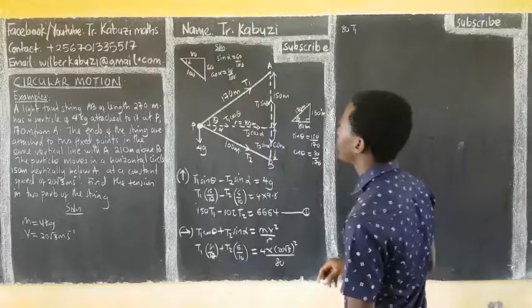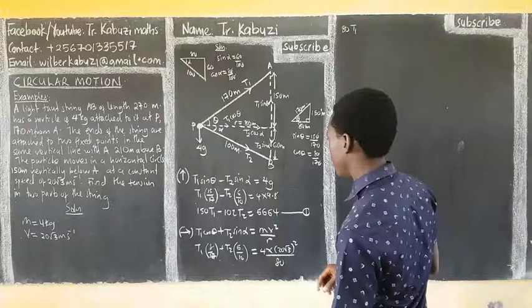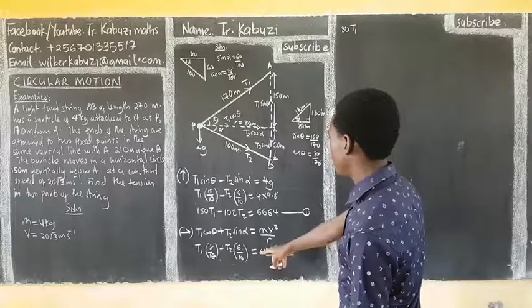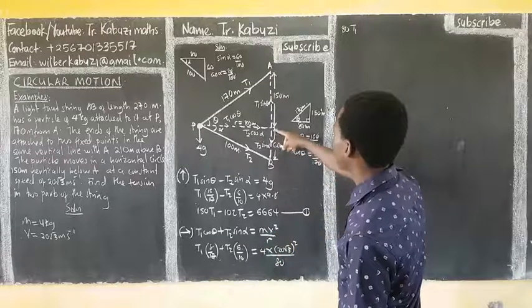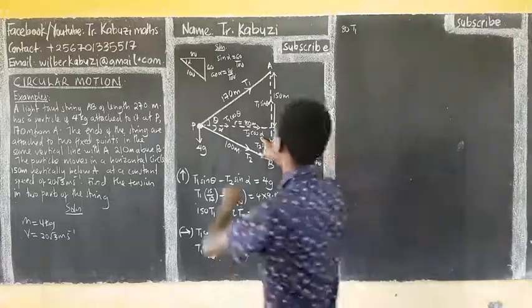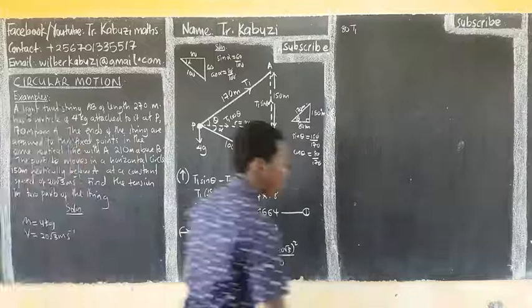Sorry, 17, where did I get this sine alpha? Sorry, this is going to be cos, not sine. This is cos alpha. Sorry for that error.